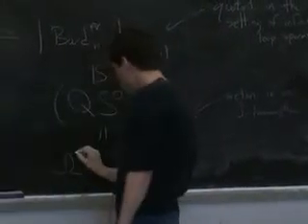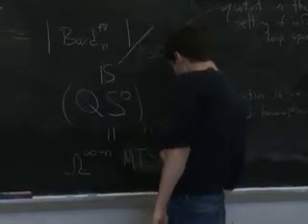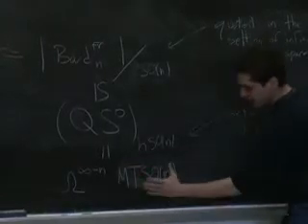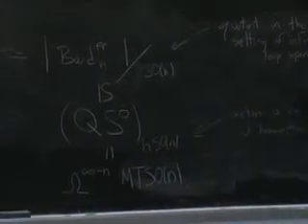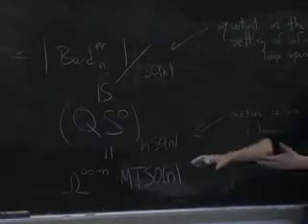This object has a name. This is what nowadays is denoted loops infinity minus n of MTSON. Of course, if you've not seen this notation before, this doesn't mean anything to you.